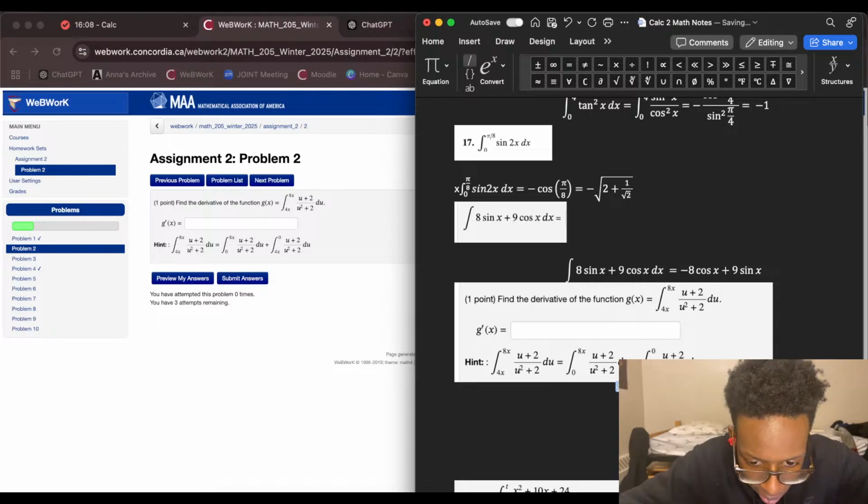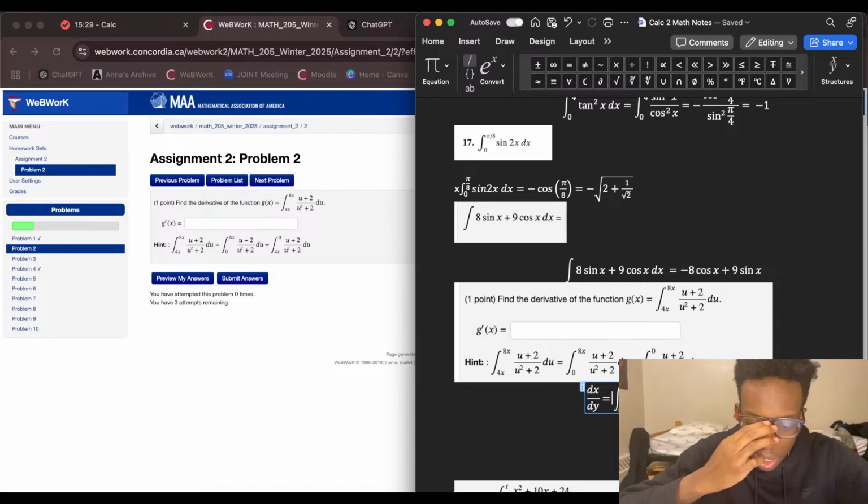So then that will now be du, and then you have to multiply that all by 8, and then this would be minus the 4 integral, and then you have 0 times 4x, and then you go u plus.